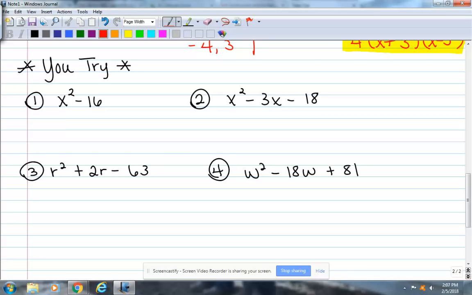They multiply to 63. Try those. They do add to get 2. You need a positive 9 and a negative 7.